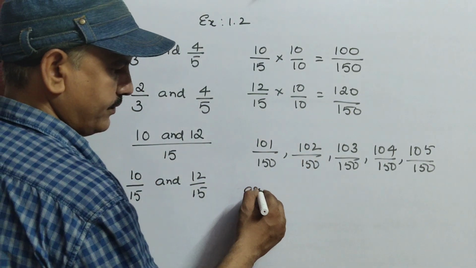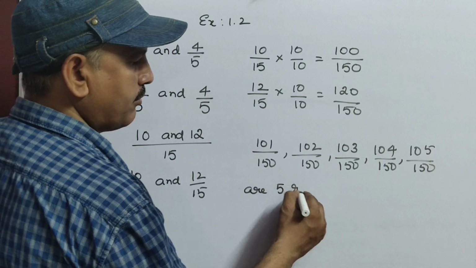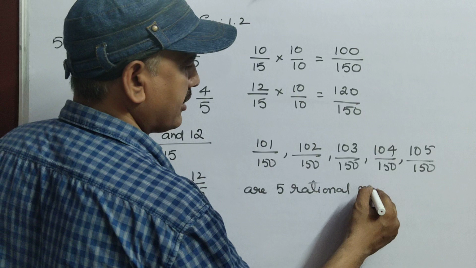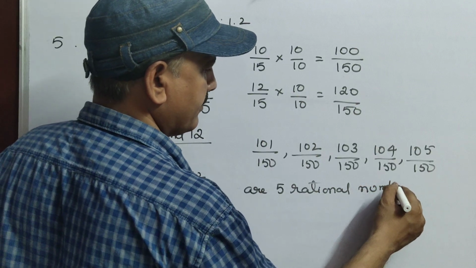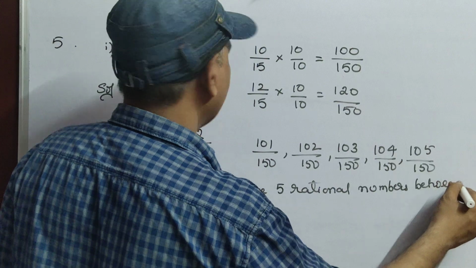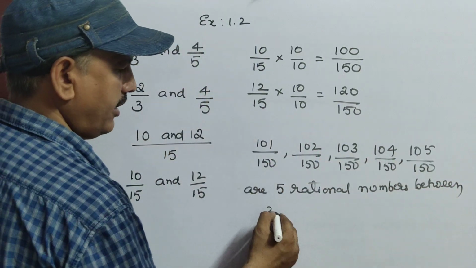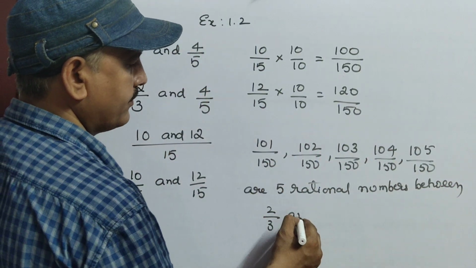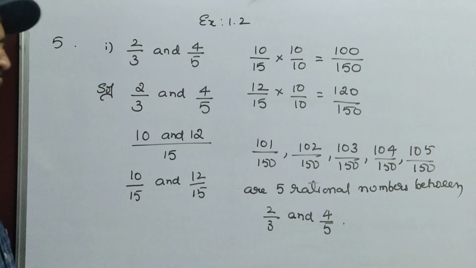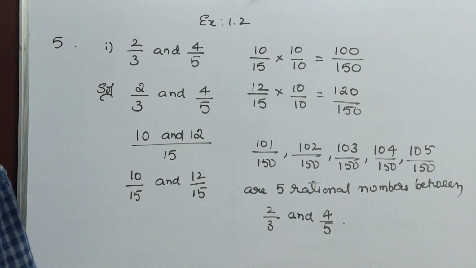Here are 5 rational numbers between 2 by 3 and 4 by 5.